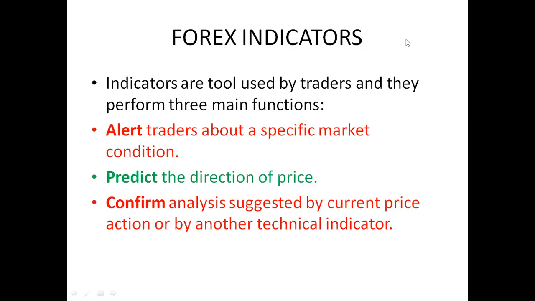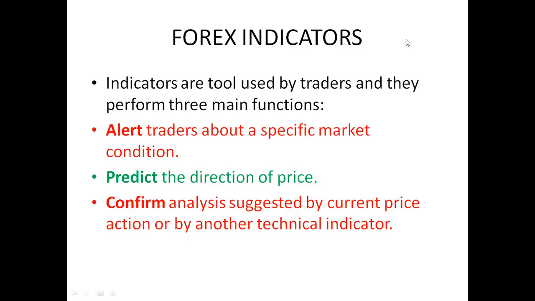Is the condition that of a buy trend, or that of a sell trend, or that of a choppy market, or a consolidated market? We may come to these terms, but that is what these indicators or tools help you to know. They alert you as a trader to know specifically what market condition you are in, or you are about to see, or about to trade.